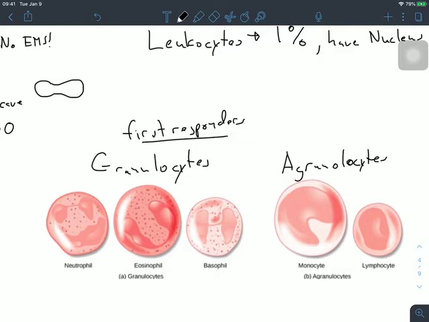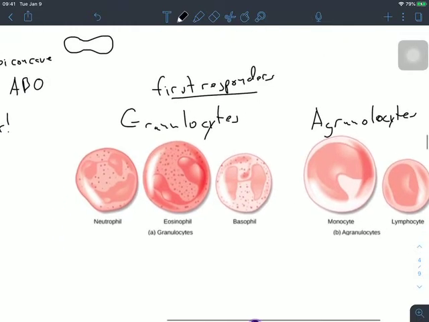The granulocytes themselves are defined by having a grainy texture, which are actually secretory vesicles, meaning they have things at the ready to dump out onto invaders that should not be there. Now, the contents of those granules are quite interesting.